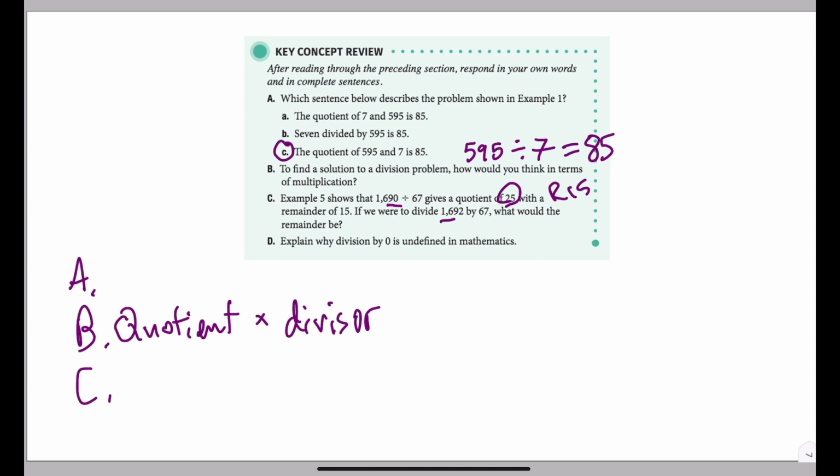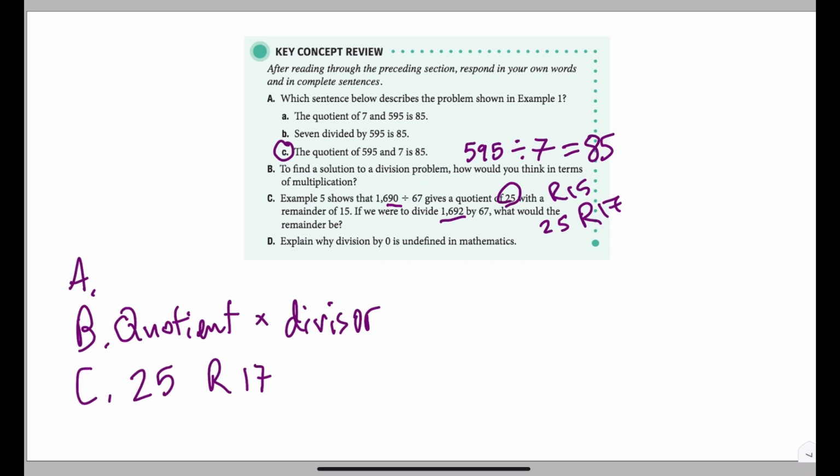If I were to divide 1,692 by 67, it should still go in 25 whole times. And then the remainder should be, would it be less or more? Because 2 more wouldn't be enough to get a whole nother 67 in. But it would increase the remainder by 2. So it would go in 25 times with a remainder of 17 this time. And hopefully that makes sense to you.